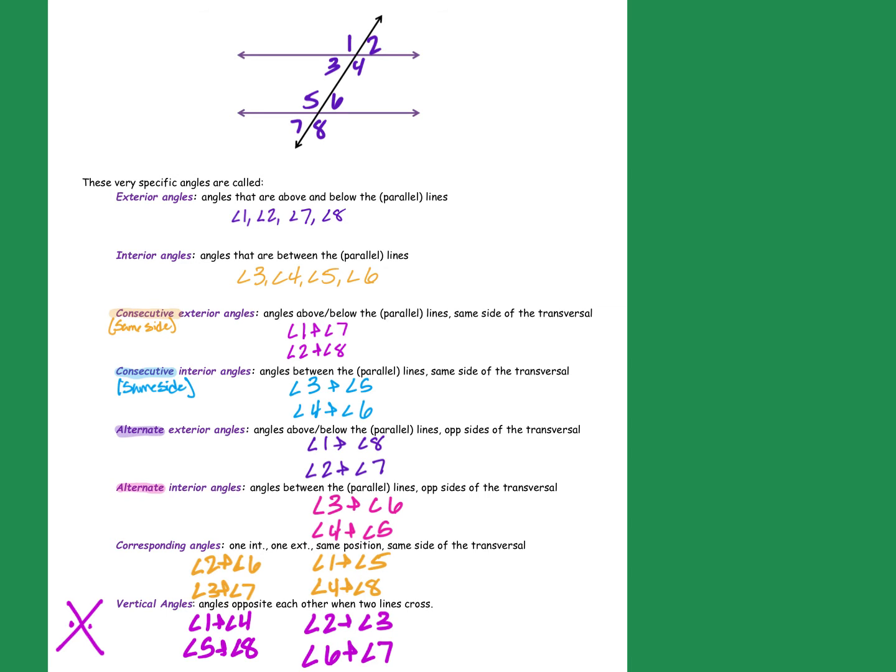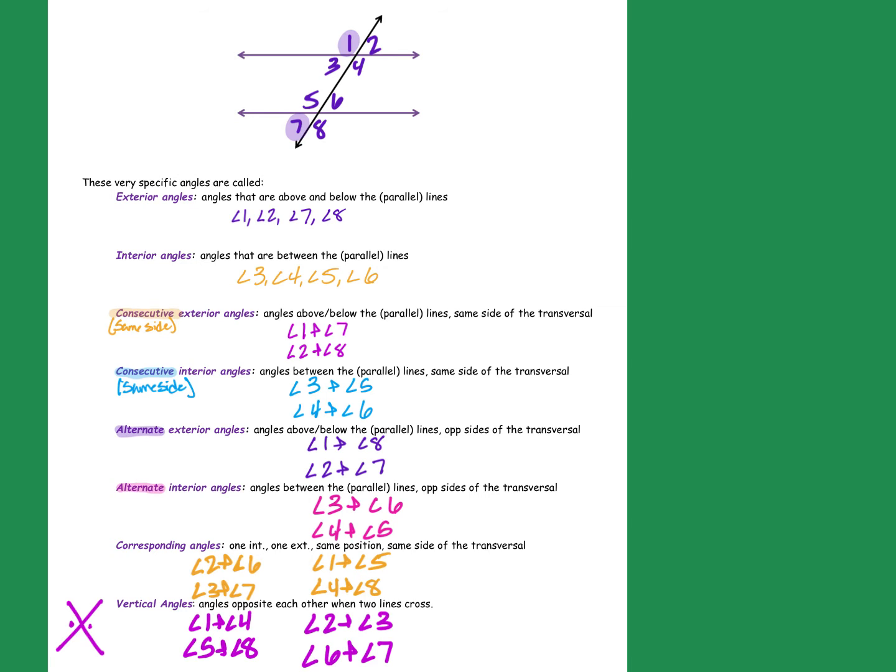Okay, so let's look at angle 1 and angle 7. What do we think about angle 1 and angle 7? So consecutive exterior angles. We're just going to talk about sets 1 and 7 and 2 and 8 first.